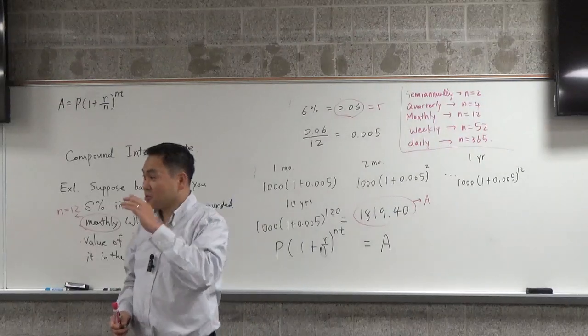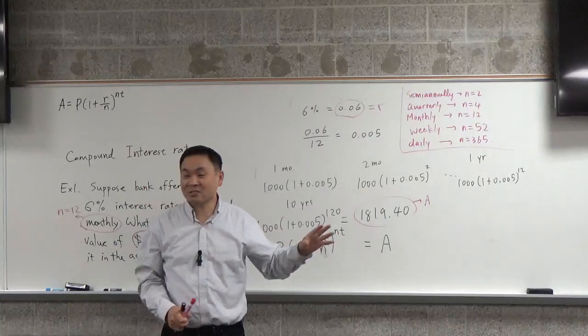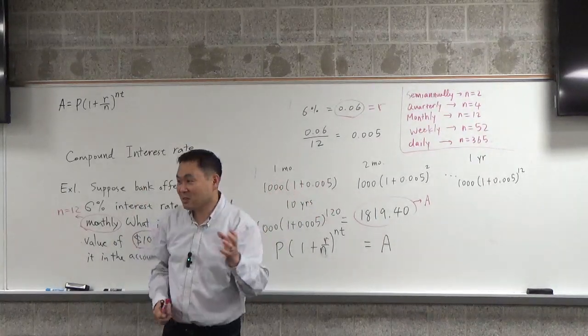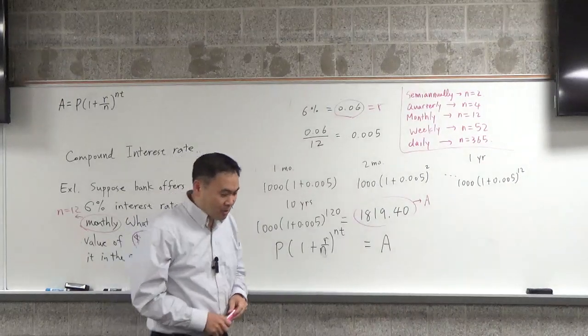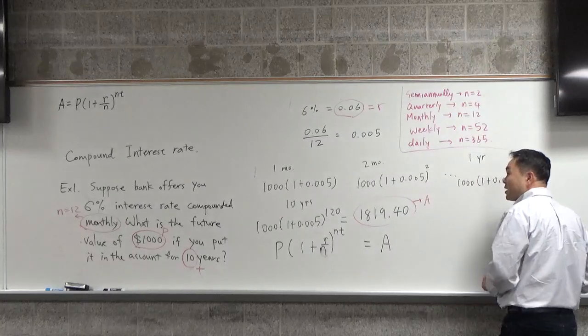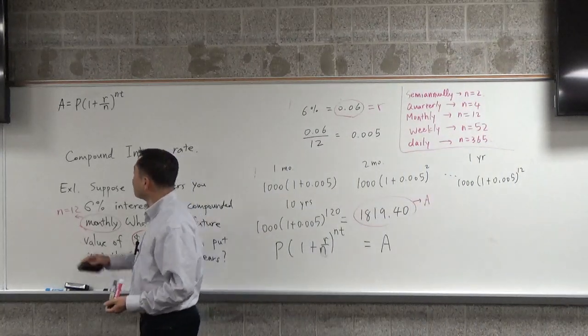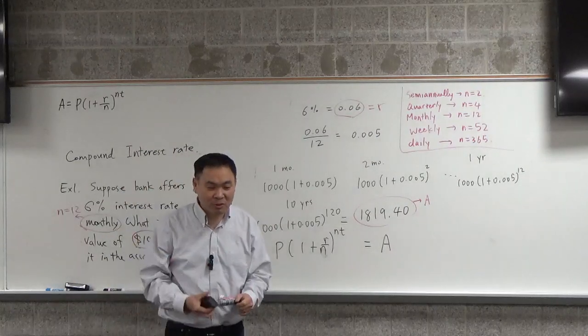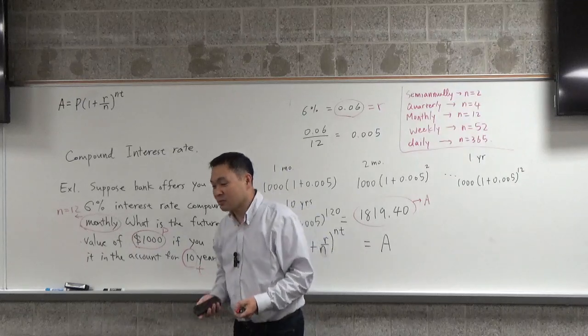Yeah. You can even go continuously. That limit would be interest rate applied continuously. So what kind of formula would that give us? Now, although I can't really show you the derivation, I could do it, but it's going to be too complicated for us to get anything out of it.